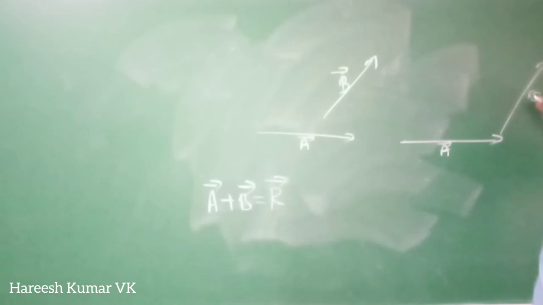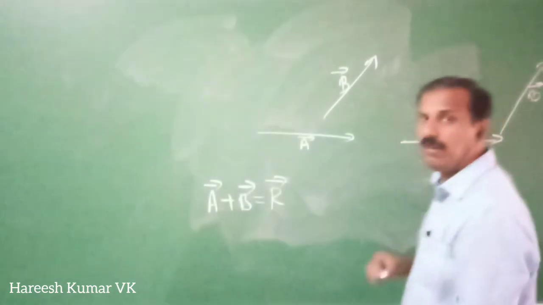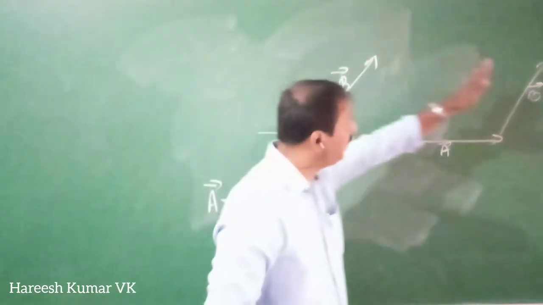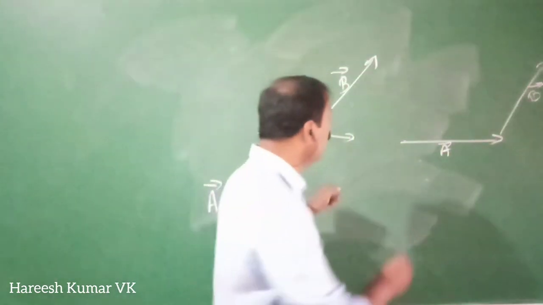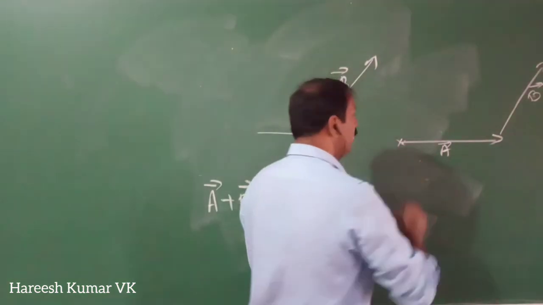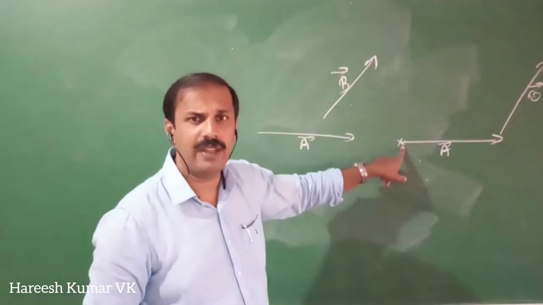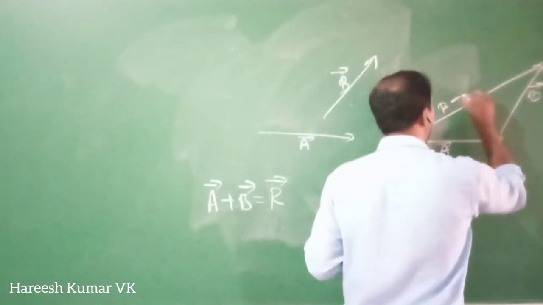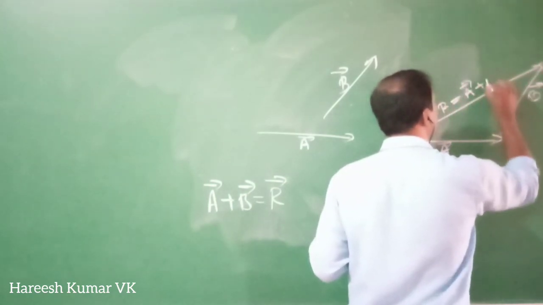So this is vector B. You see vector A is here, vector B is there. Without changing the direction, we are bringing it there. Now another vector from the tail of A to the head of B. This will be R, which is equal to A plus B.